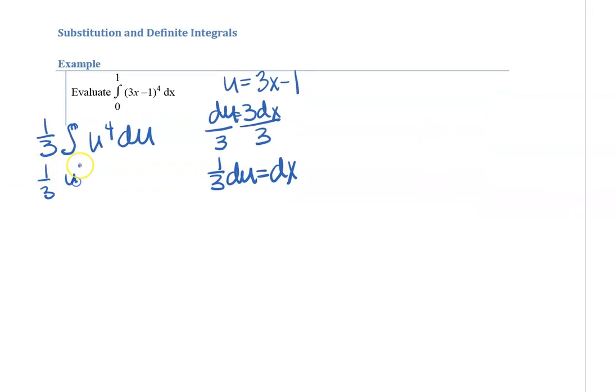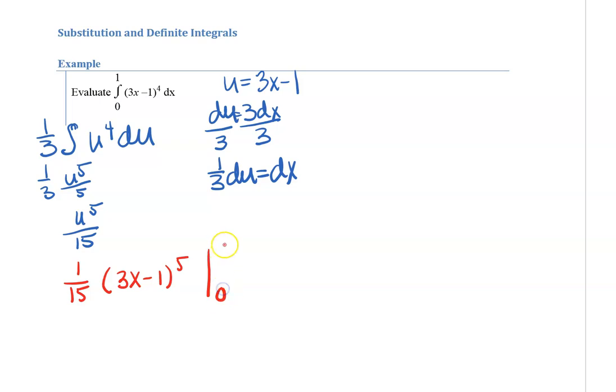So I have 1/3, add 1 to the exponent, divide by the new exponent, plus c, and so that gives me u to the 5th over 15. Now, I actually am not going to use plus c, because you'll notice with the definite integrals, that part gets subtracted away. I'm going to go ahead and revert this back to my x's, and so that would give me 1 over 15, 3x minus 1 to the 5th, and we want to integrate it from 0 to 1.